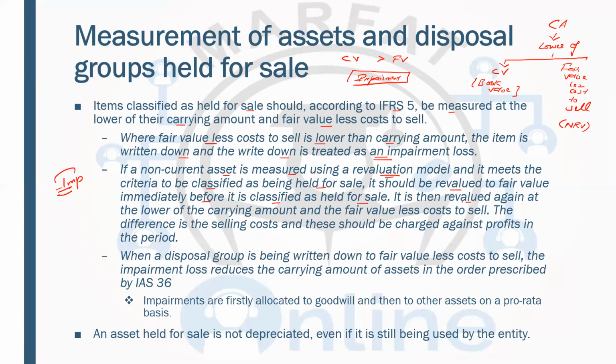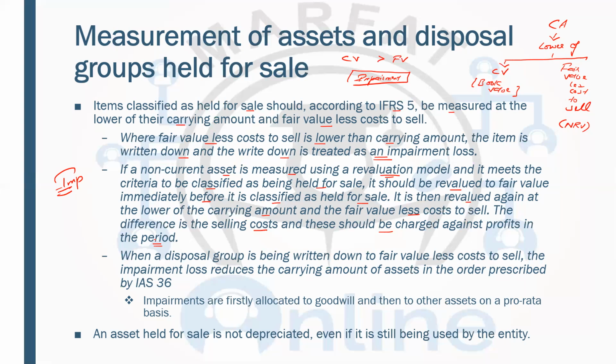It is then measured again at the lower of the carrying amount and the fair value less cost to sell. The difference is the selling cost, and this should be charged against the profits in the period. Now, this is something important to understand, and it is logical as well. The assets which are on the cost model, there is no need to revalue those assets. You just have to see the difference between the carrying value and the fair value.